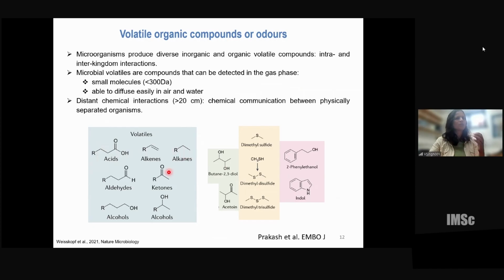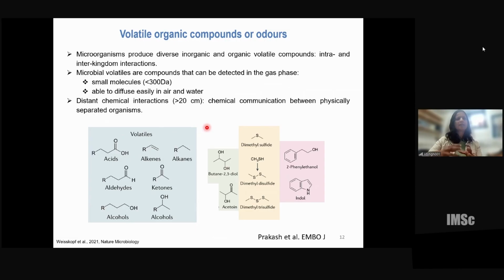So what we know based on what is available in literature is that volatiles, or the molecules which can become volatile, are the ones which are produced by the cells. They are often very diffusible so that they can go out of the cell.